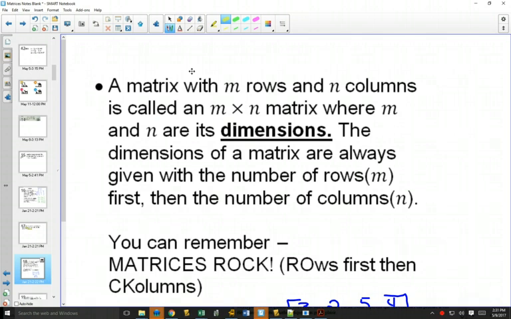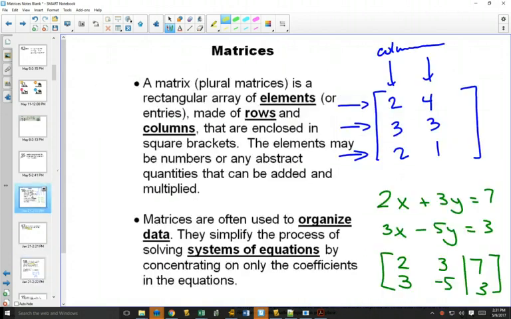Now, we describe a matrix by its size, and its size is its dimensions, and we use the rows and the columns to describe that. So the one that I made before is a 3x2 matrix. The thing that's hard to remember is, do we count how many rows are first, or do we count how many columns are first?